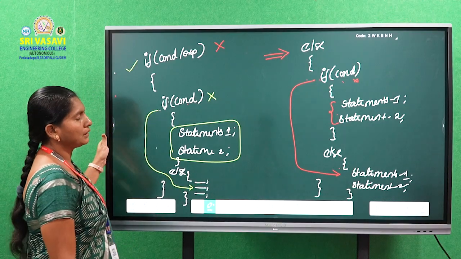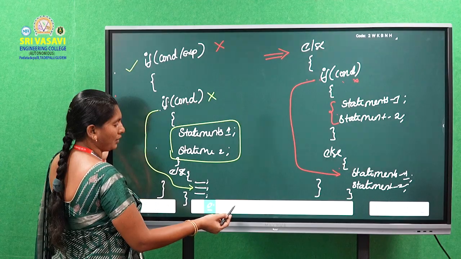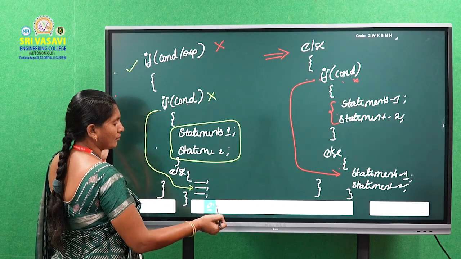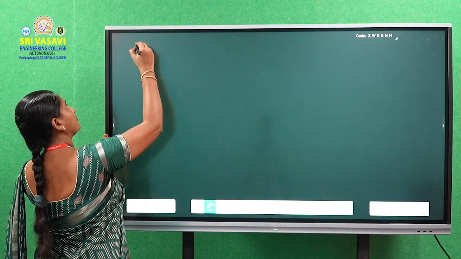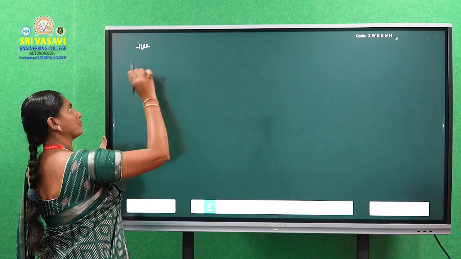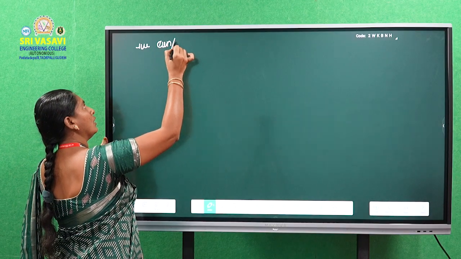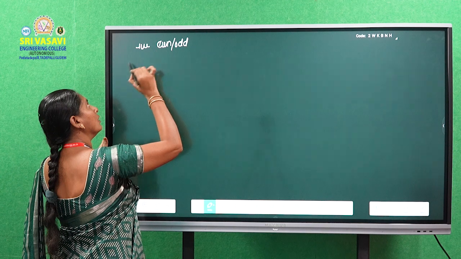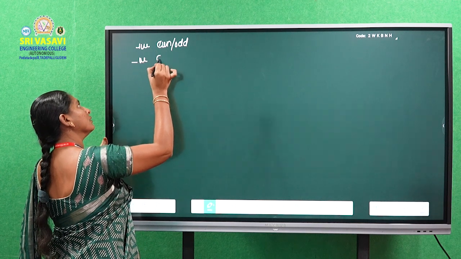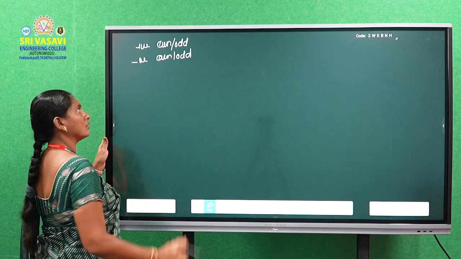So now let us write a program to find whether the given number is positive, even or odd, or the given number is negative, even or odd.